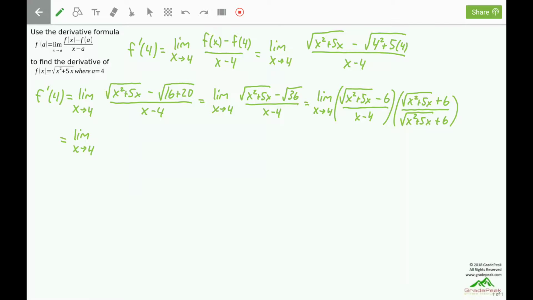That's in the numerator. First, root of x squared plus 5x times the root of x squared plus 5x will be x squared plus 5x. Outside, the root times a positive 6 will be a positive 6 times the root of x squared plus 5x. Inside, a negative 6 times the root will be a negative 6 times the root of x squared plus 5x.